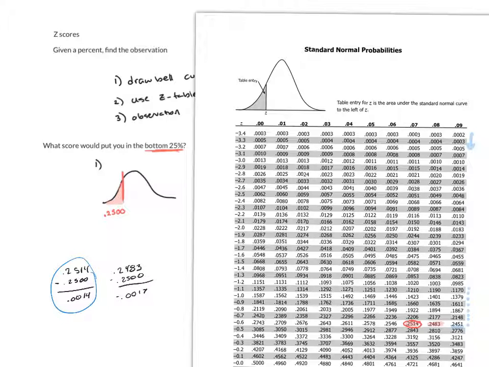Now, my whole goal here is to find the z-score that goes with that. That is, I can't find a tail of 25%, but I can find a tail of 0.2514. So that z-score is going to be the z-score I use. Now, using this, I'm going to trace this to the top and over, and when I do that, I see negative 0.67, so that'll be the z-score I write down.